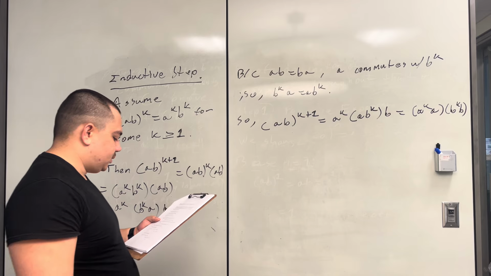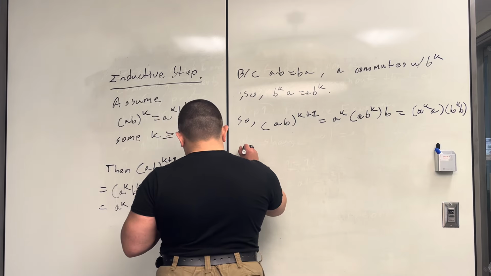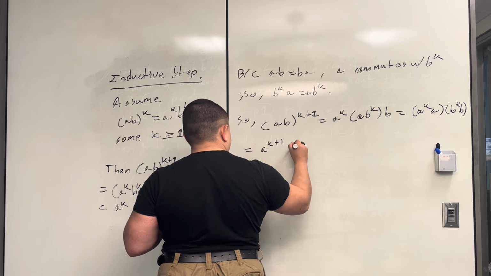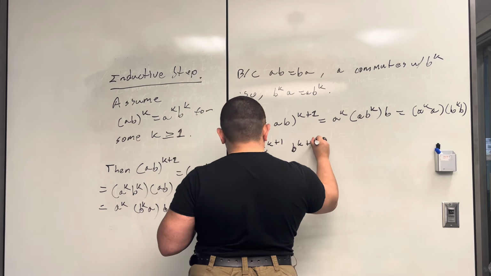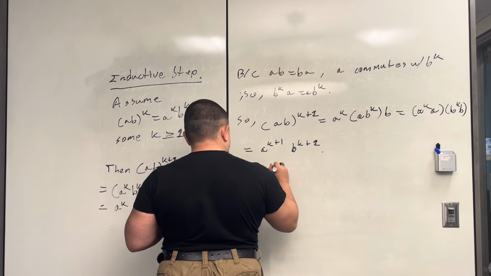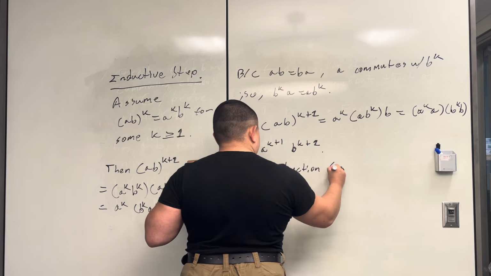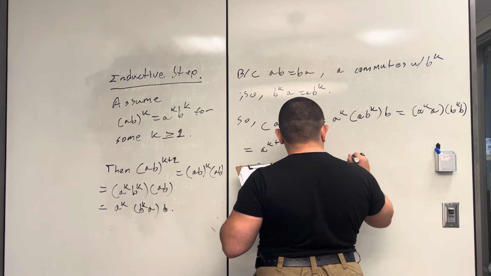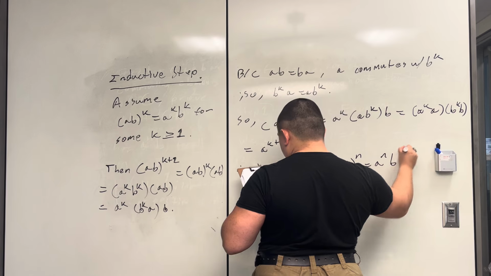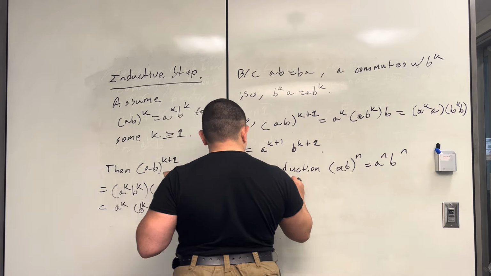And this is equal to A to the k plus 1 times B to the k plus 1, which is what we wanted. So, by induction, (AB) to the n is equal to A to the n times B to the n for all n greater than or equal to 1.